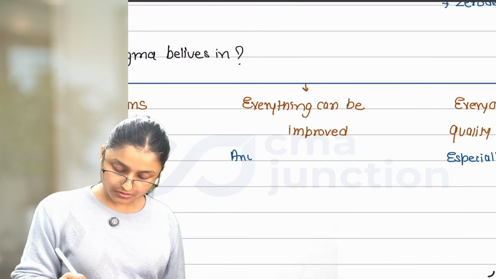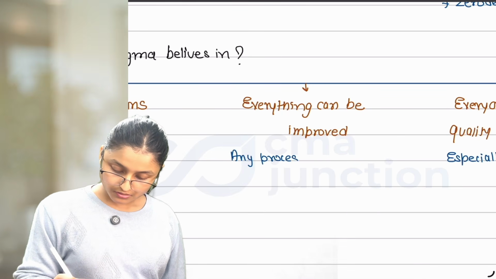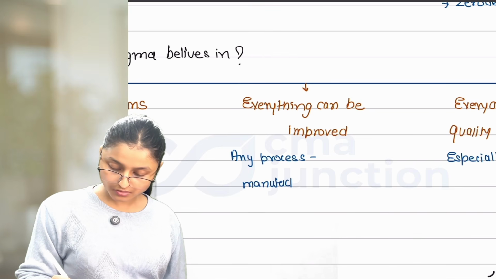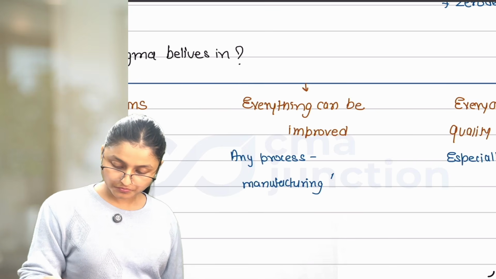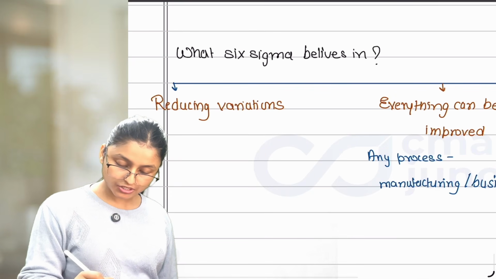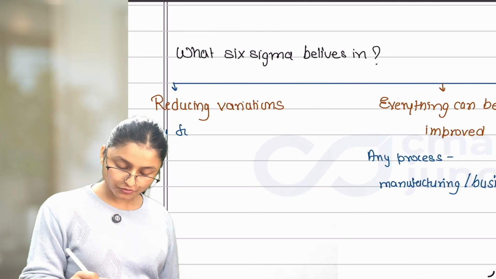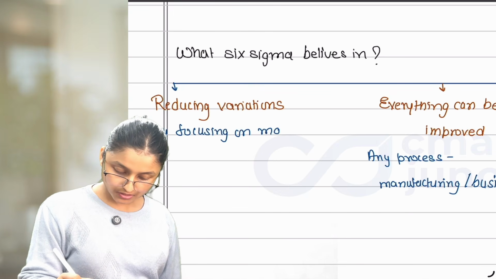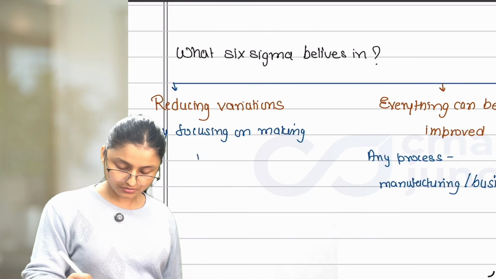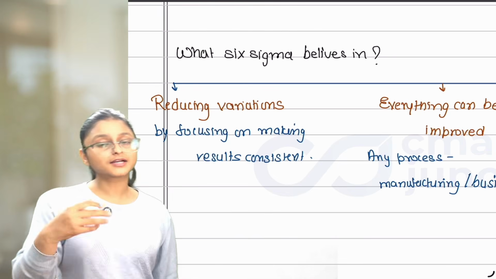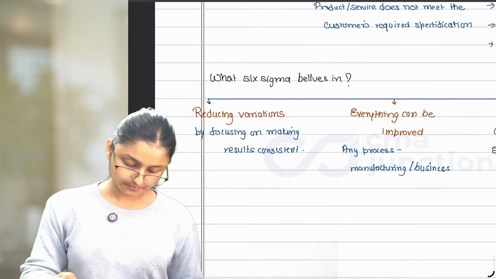Any process, manufacturing, or any other business process, you can improve that with the help of Six Sigma. Reduce variation, how will you do that? By focusing on making results consistent. The output should be consistent. If output is consistent, that means variations are less.